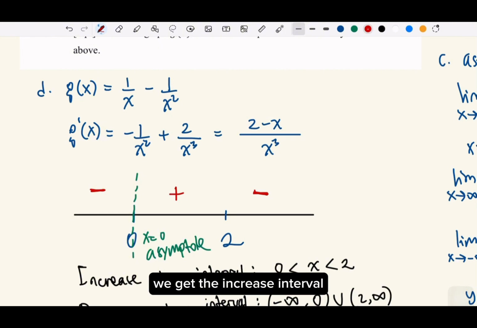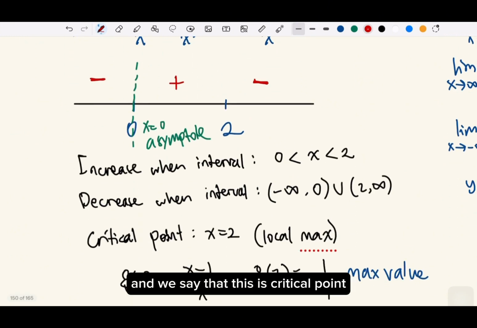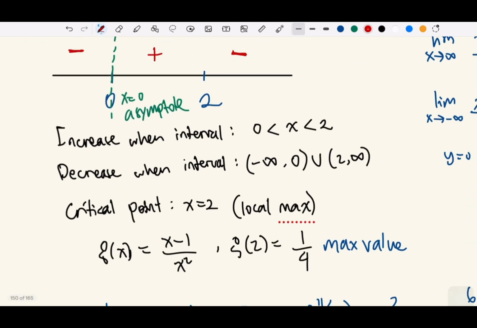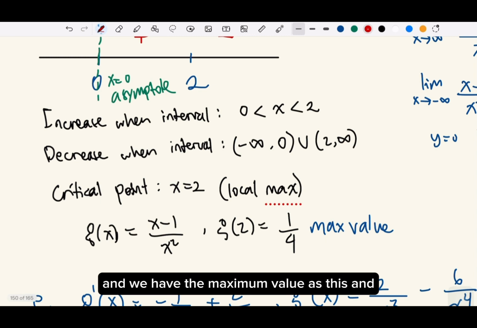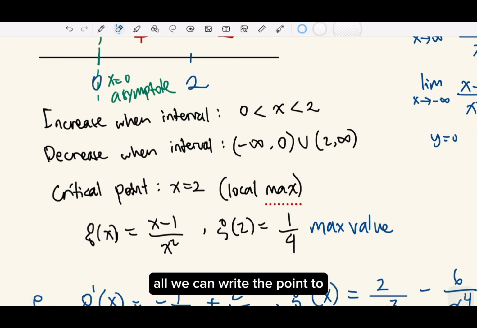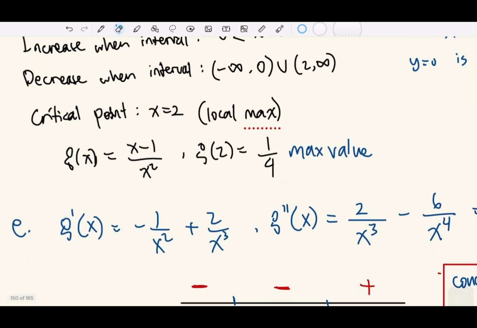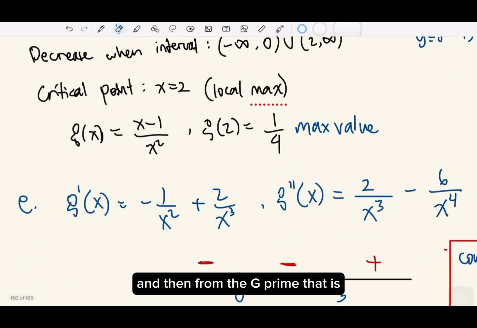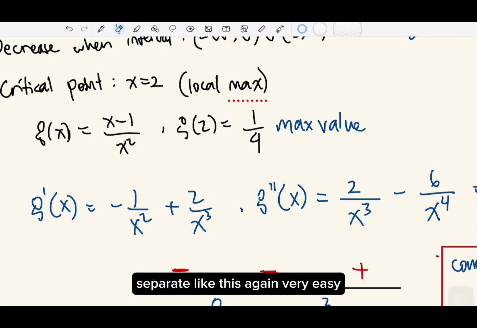We get the increasing interval and the decreasing interval from this evaluation. And we say that this is the critical point, and we have the maximum value is this, or you can write (2, 1/4). It's okay. And then from the g prime, we separate like this.